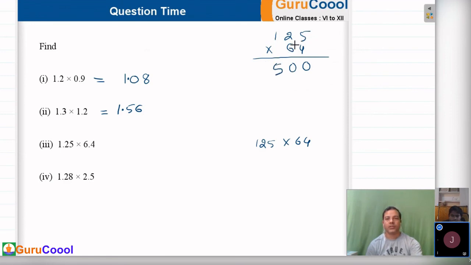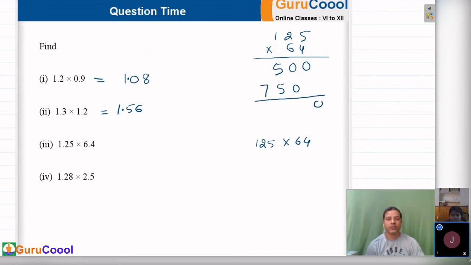Now 6 5 ja, 30, sir. 3 carried. 6 2 ja 12, plus 3 that was carried, 15. Now 1 carried, right? 6 times 1, 7, sir. 7. Now add them together.